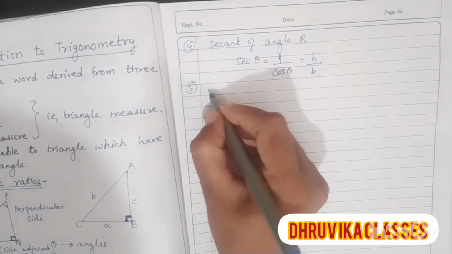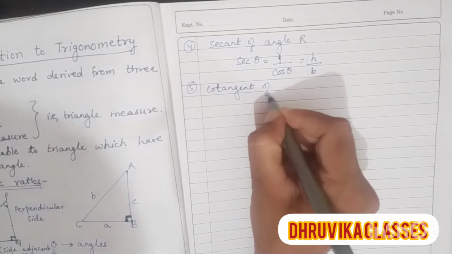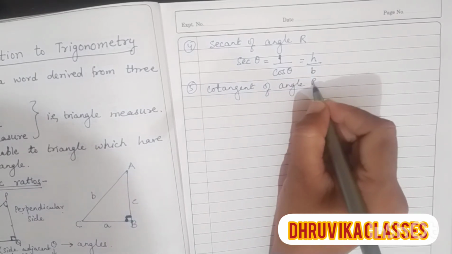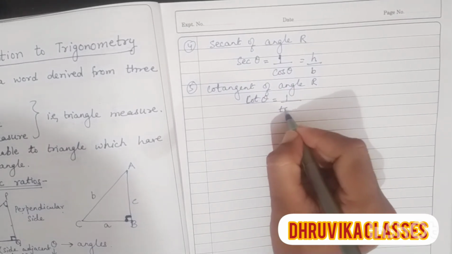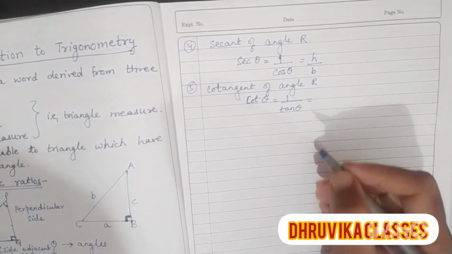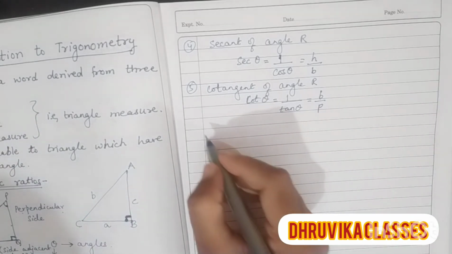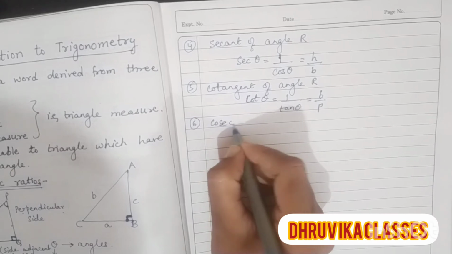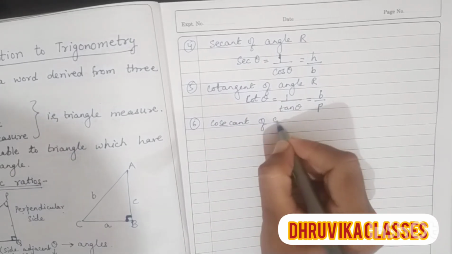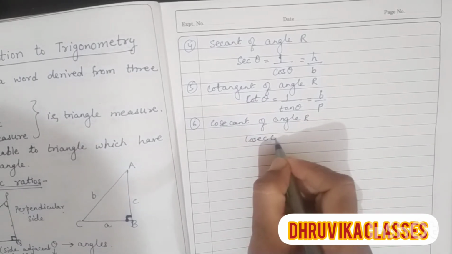And we have cotangent of angle R, that is cot theta. This is the reciprocal of tan theta. We have tan theta as P by B, so the reciprocal of P by B is B by P. And then the last is cosecant of angle R, that is cosec theta.